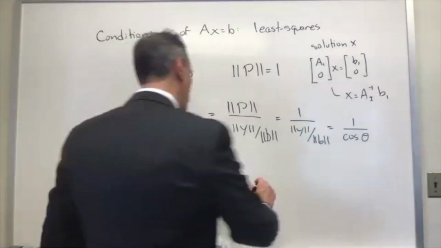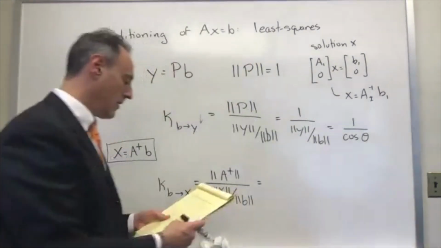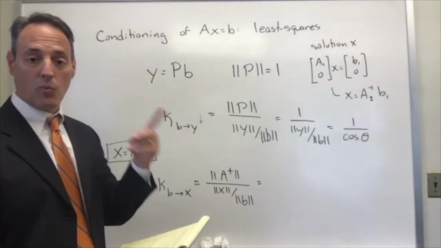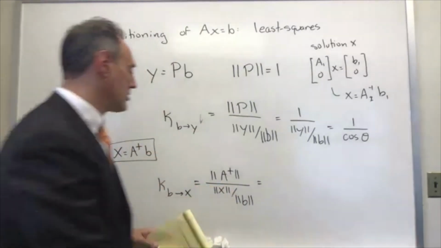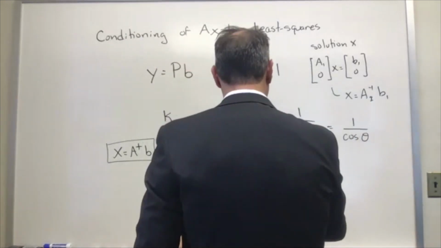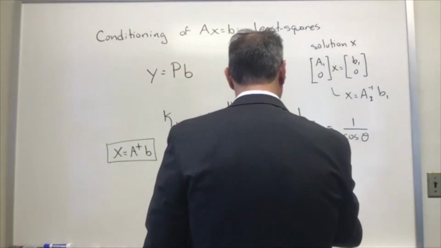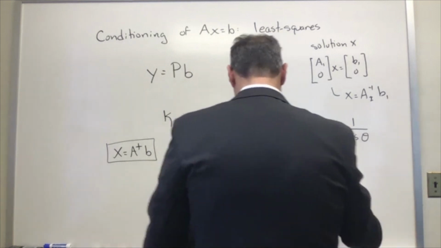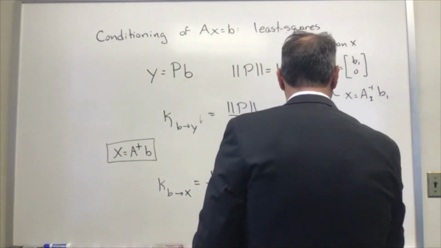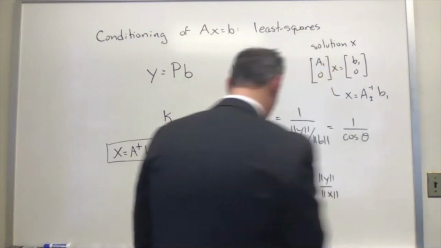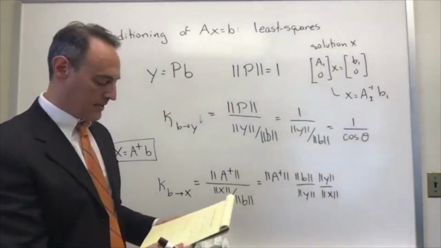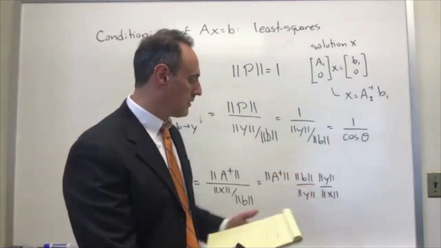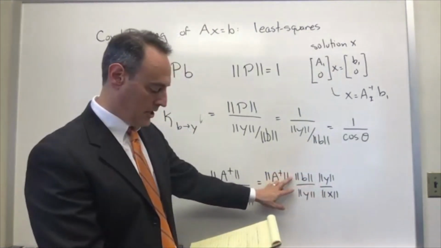Well, one thing you can do is multiply top and bottom here by the solution y. So you're going to get out the following: the pseudo inverse, then b over y, y over x.